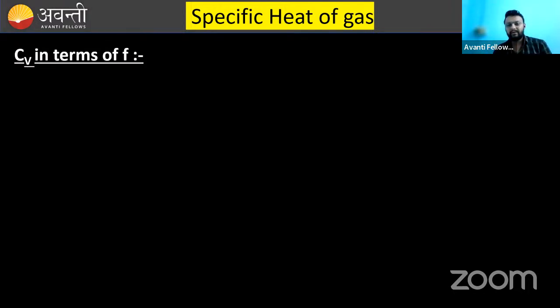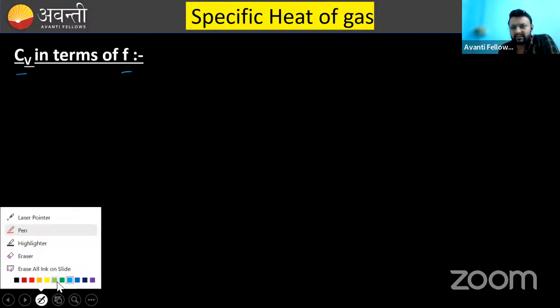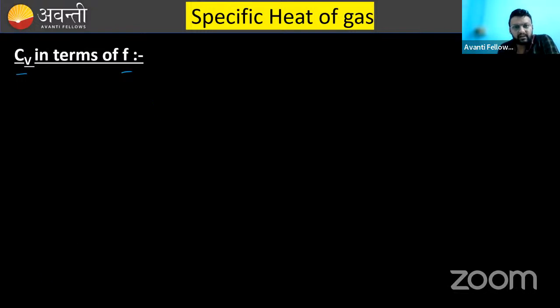So be prepared. Again, CV in terms of F. They are asking me to find the CV, the specific heat at constant volume, in terms of F. What is F? Can you answer?